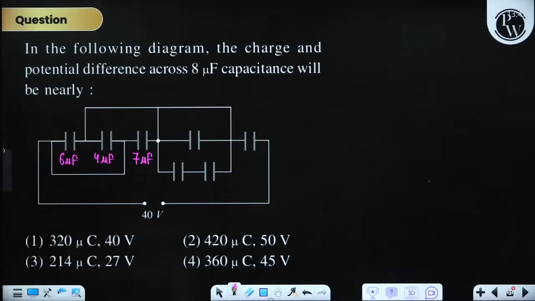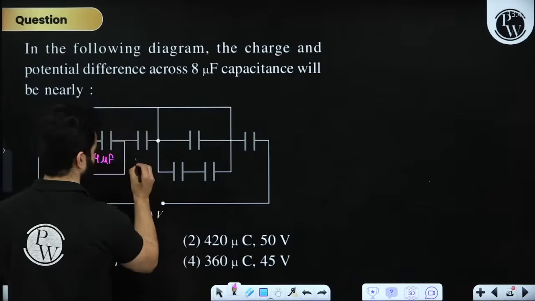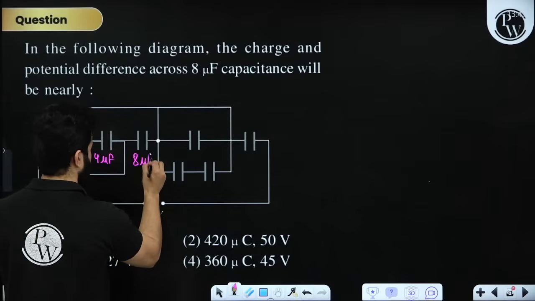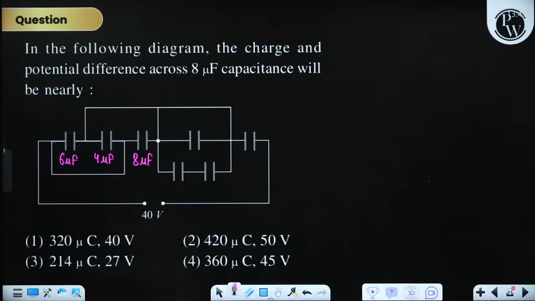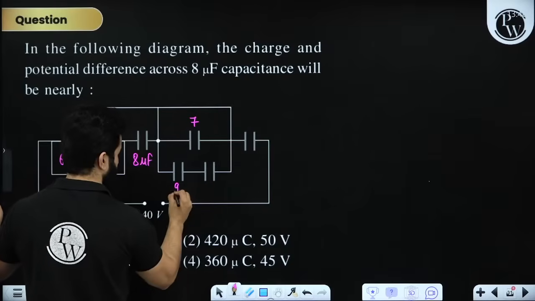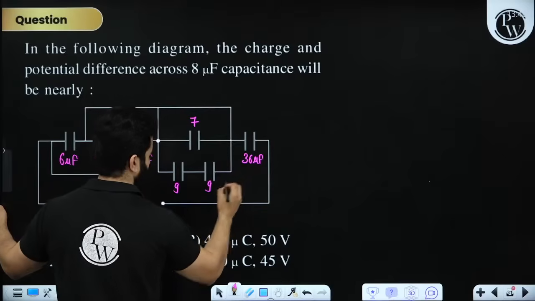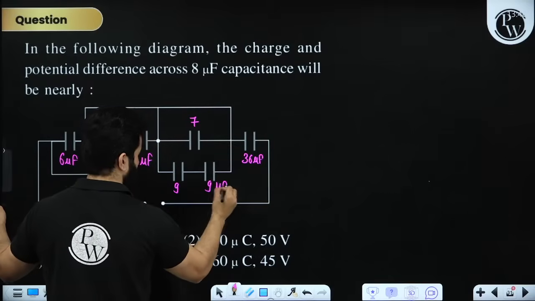Sorry, this one is 8. All right. And then you have 7, 9, 9 and 36. Now please solve it.